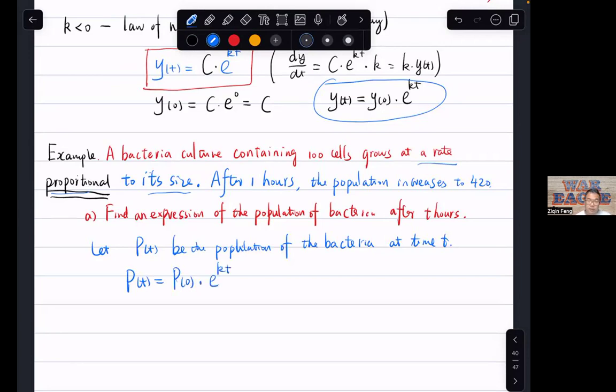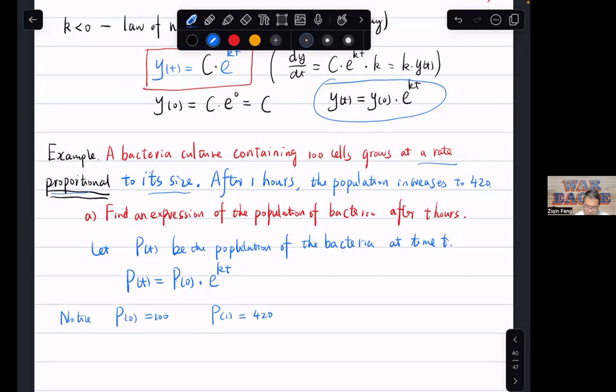There are two unknowns. One is P0, but P0 is given in this case. Notice, you know that P of 0 is 100. You also know that P of 1 here is 420, right? After 1 hour, the number of cells increased to 420, right?